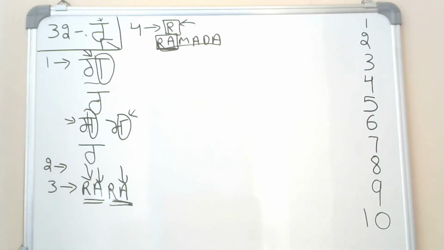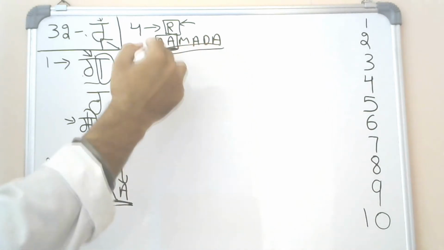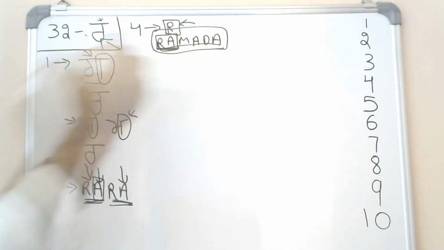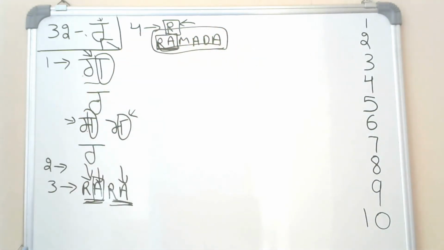But when it comes to the sound of the letter, it will not be ra, it will be R. That R sound that we have here, it will not be there like we have it in Ramada. That R sound that we have, it will be the sound of the letter. Wherever we are going to use this letter, the sound of the letter will be R, if no symbol is attached, of course. The fifth step is examples.